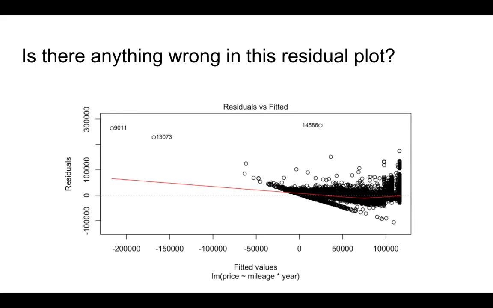Is this what you get for your residual plot? If your residual plot doesn't look like this, please shoot a question to these guys. They can help you fix your code.